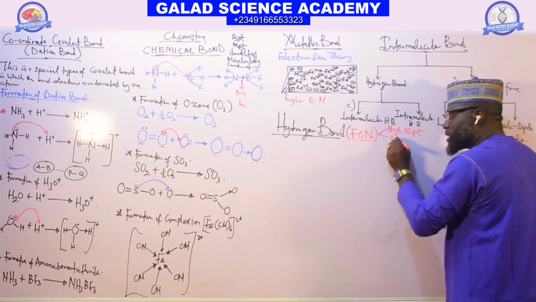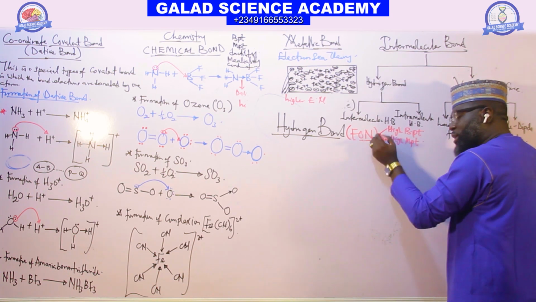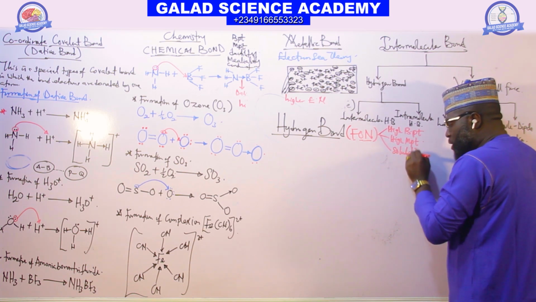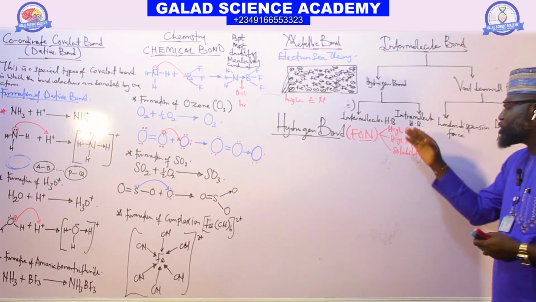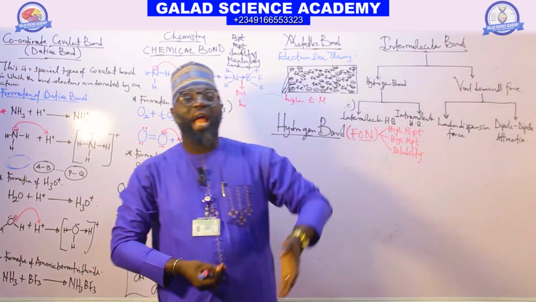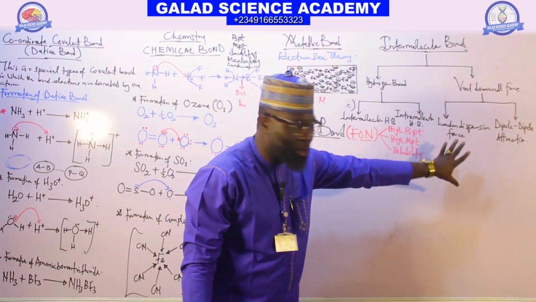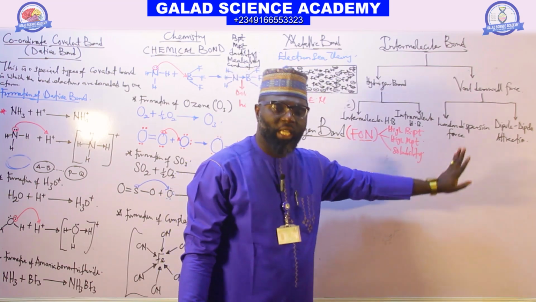Must have high melting point. Must have high solubility in water. Those are the three properties of hydrogen bond compounds. Any compound that has hydrogen bond must have high boiling point, melting point, and solubility in water.